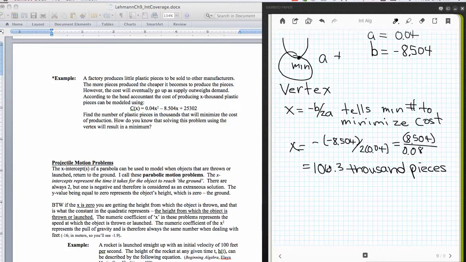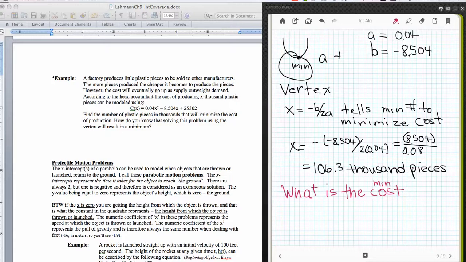Now if you wanted to answer my second question, which is what is the minimum cost, then you're evaluating the function at this 106.3. And that's the minimum cost, right?